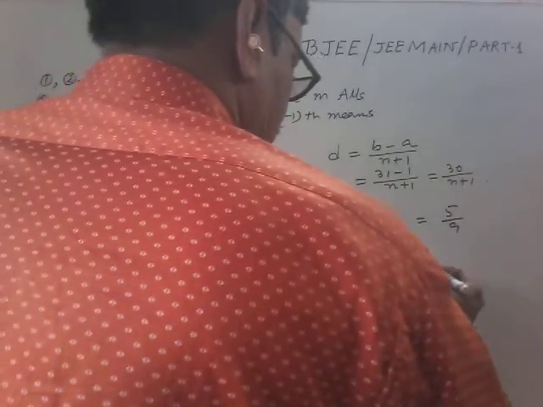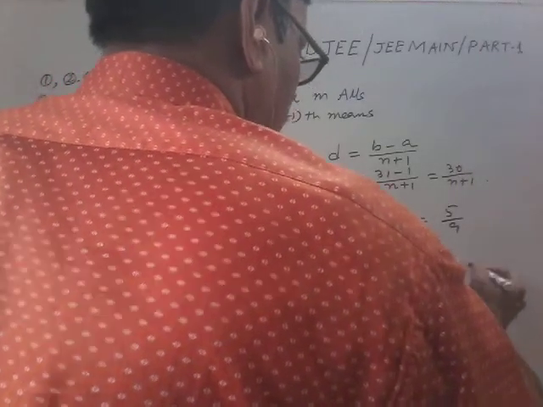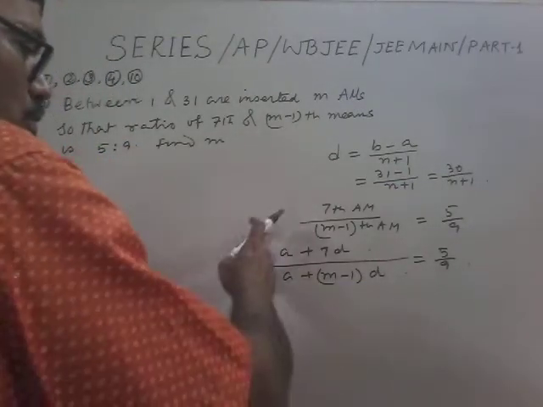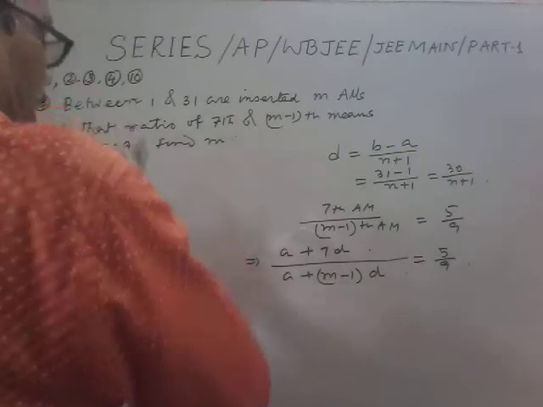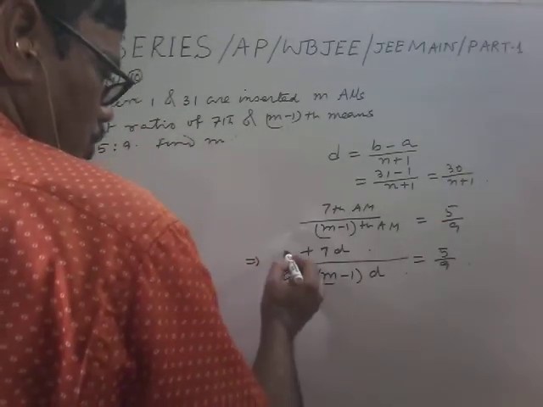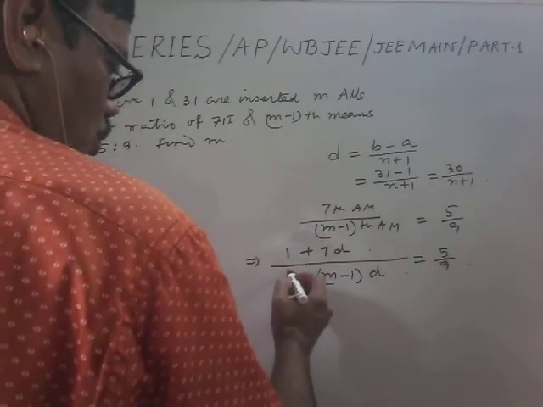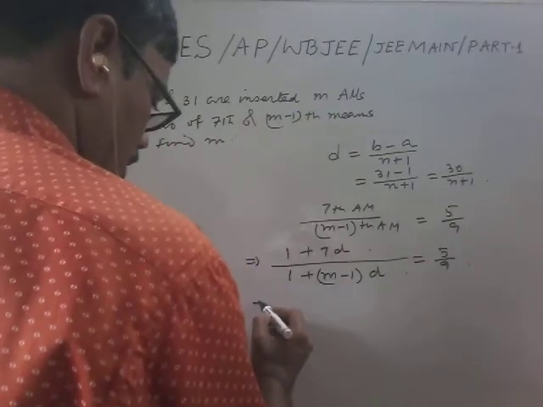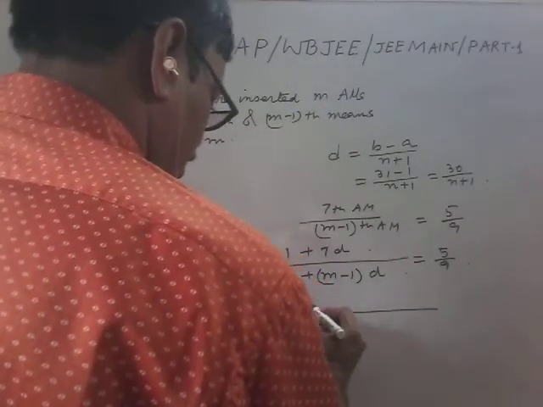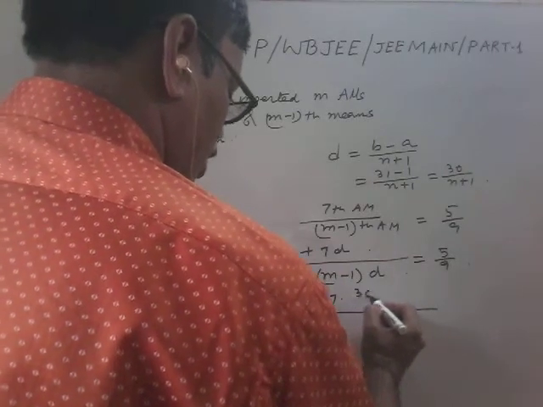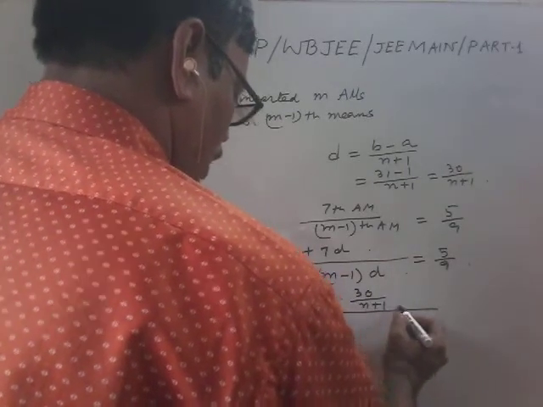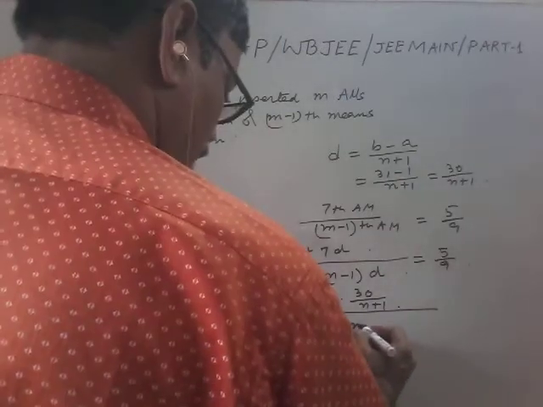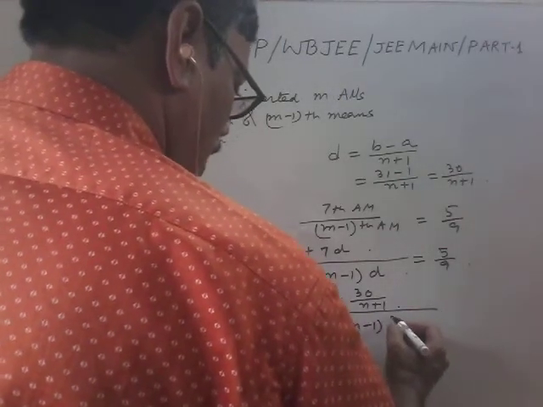So this is given to be 5/9. So now what is a? A is 1. So put the value of d. So 1 plus 7 into 30 by n plus 1, and 1 plus m minus 1 into 30 by.